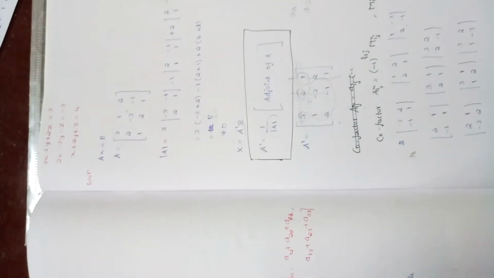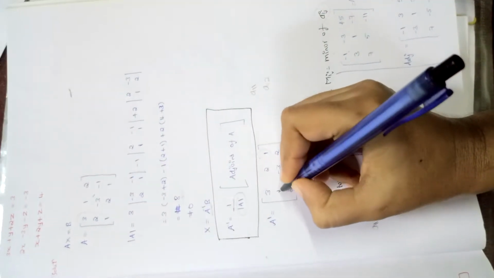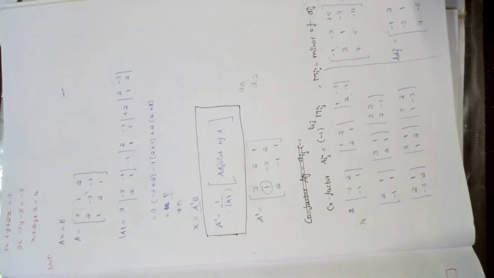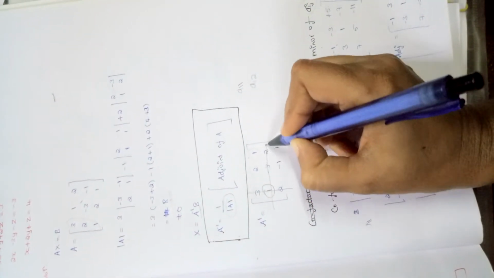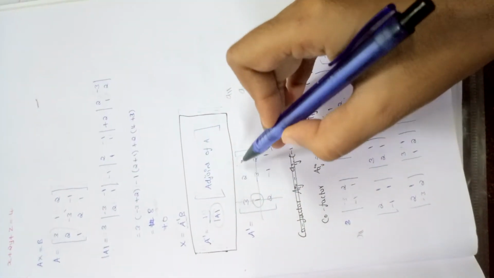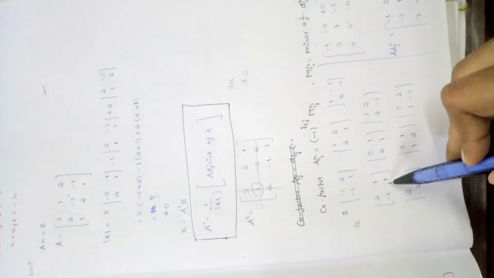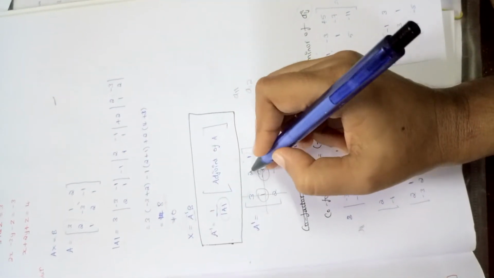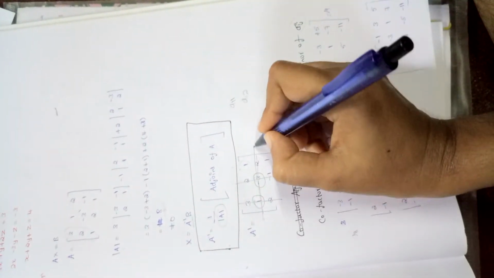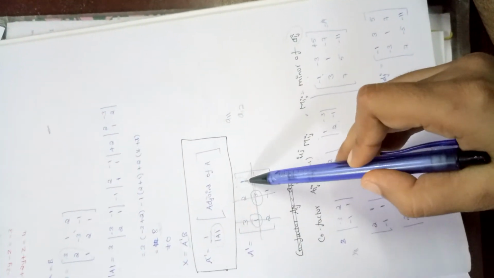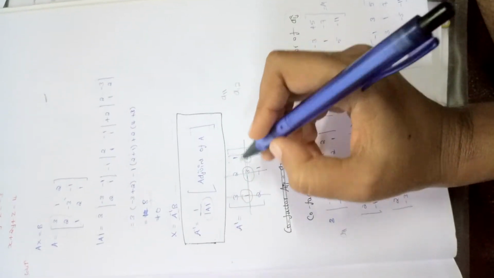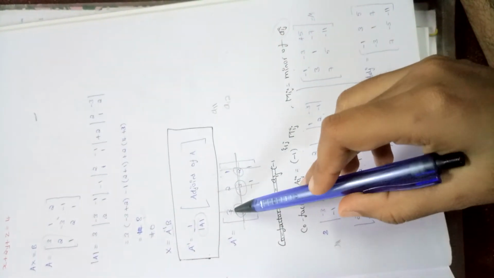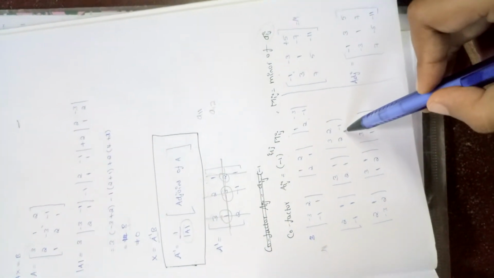Next is A21. Delete the column containing A21 and the row containing A21. So the remaining is 2, 1, minus 1, 1. And for minus 3, we delete this column and this row. So the remaining is 3, 1, 2, 1. And for this term, delete this column and this row. So the remaining is 3, 2, 2, minus 1.